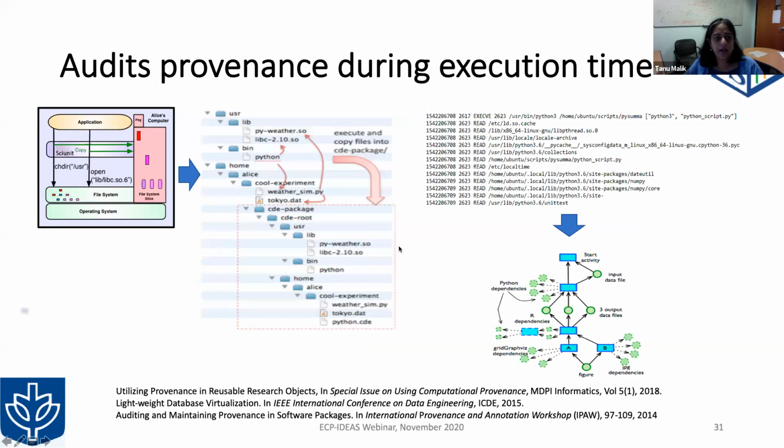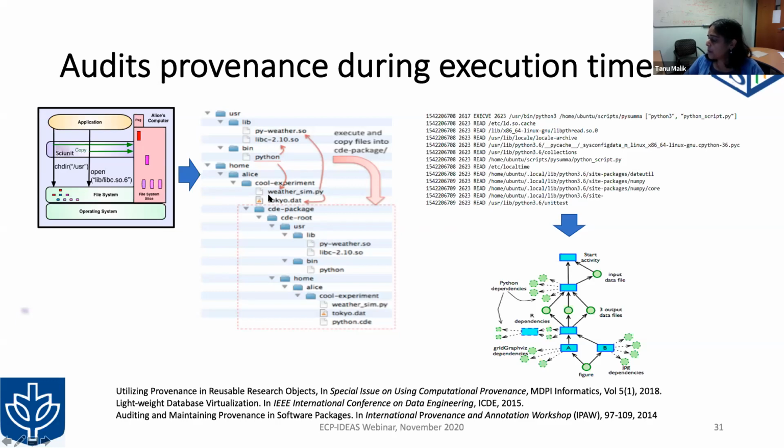So if you look at the Sciunit file system slice, here we have an example over here. I have a weathersim.py, a Python program, which is inputting a file tokyo.dat, which is using that file.